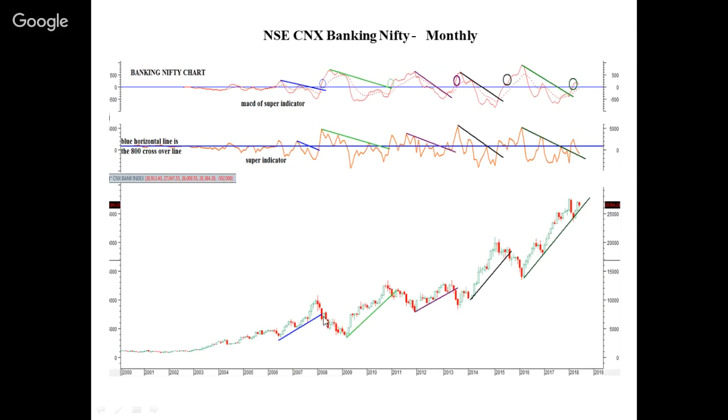For instance, this March signal, even though it might have come at a 10%, 15% drawdown, the market went another 15%, 20% down after that. Here, it came very close to the highs, maybe 5, 7% in 2010, 11.